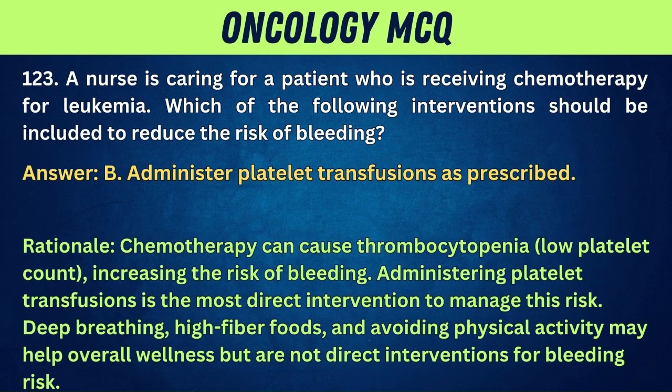Answer: B. Administer platelet transfusions as prescribed. Rationale: Chemotherapy can cause thrombocytopenia, low platelet count, increasing the risk of bleeding. Administering platelet transfusions is the most direct intervention to manage this risk. Deep breathing, high-fiber foods, and avoiding physical activity may help overall wellness, but are not direct interventions for bleeding risk.